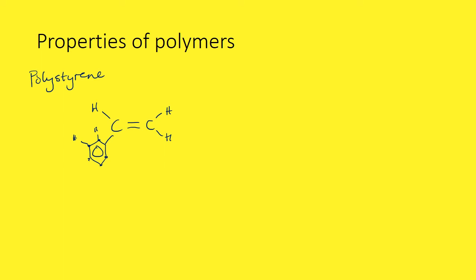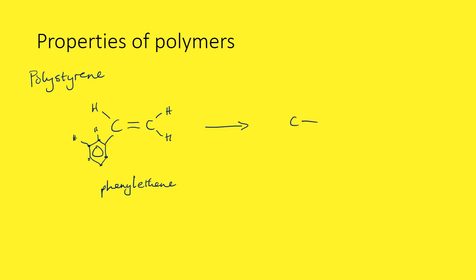So this monomer is called phenylethene, because it's based on ethene, but one of the hydrogens has been substituted for a phenyl group, or a benzene molecule. When that polymerizes, you get the polymer that we're going to draw like this.